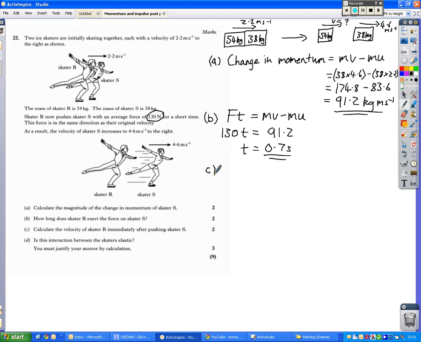C is when you start to use your conservation of momentum equation. Calculate the velocity of the skater R immediately after pushing skater S. So it's this velocity up here that we're going to end up calculating. So in order to do that, we need to set the total momentum before equal to the total momentum after.